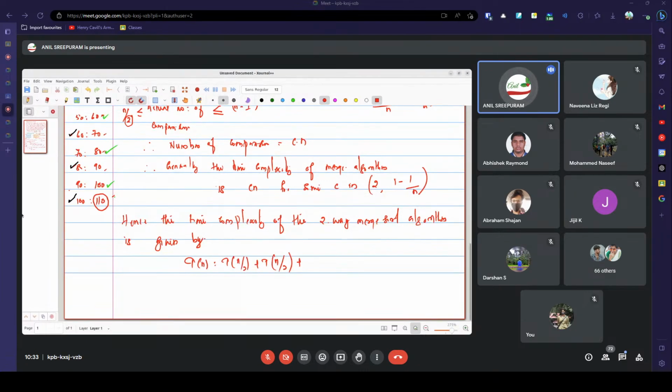I don't know the exact value of Cn, but however it is Cn for some C for merging. Of course, what is the value of T(1)? That is the time complexity of the two-way merge sort algorithm if the array has only one element. Please tell me what is the value. The number of comparisons required by the two-way merge sort algorithm if your array has only one element, that is T(1).